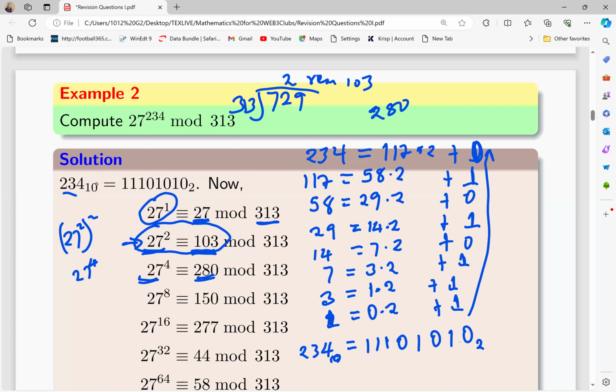Now, when you square this, you get 27 raised to 8. Now square the right-hand side also and divide by 313. The remainder is 150.